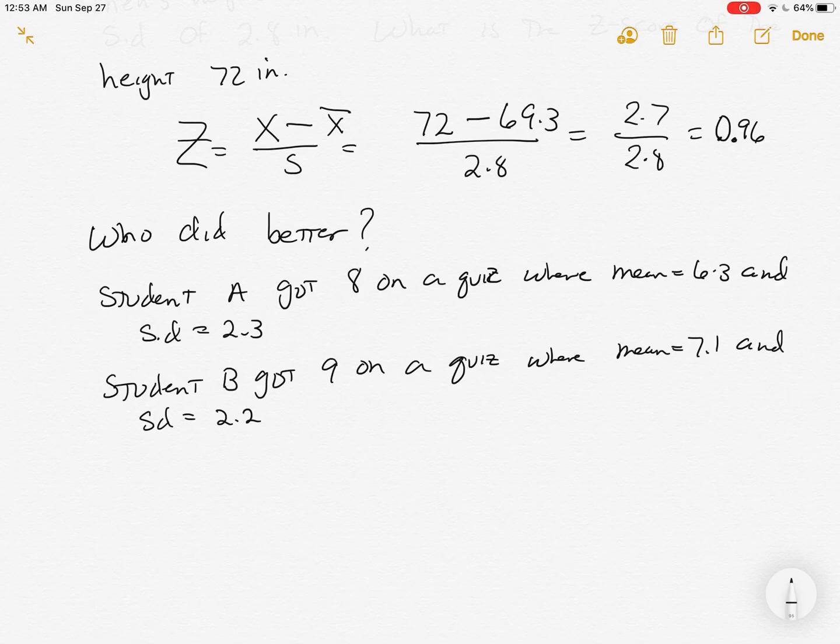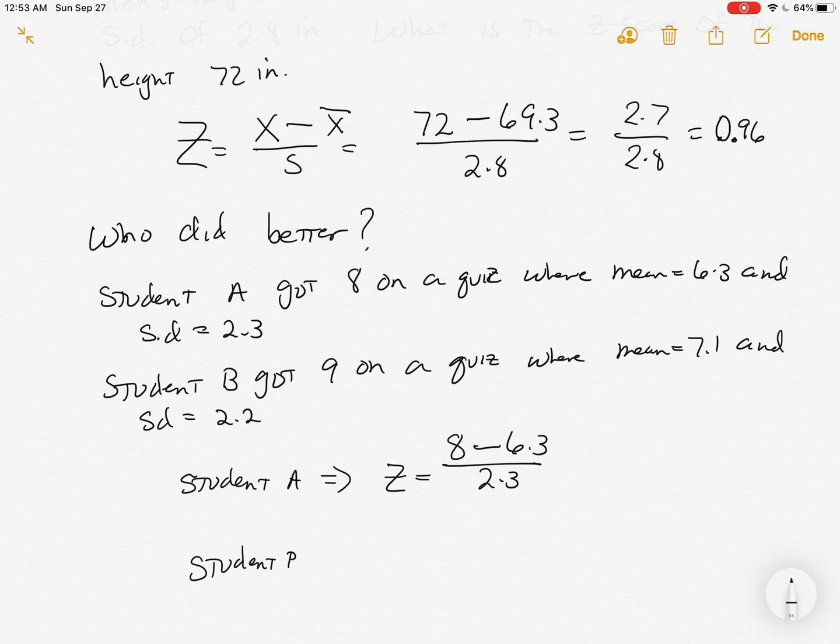Well, the way to know who did better is to get the z-score of each. So let's get student A's z-score. Student A's z-score is going to be what they got on the exam minus the mean divided by the standard deviation. And then we'll compare that to student B's z-score.